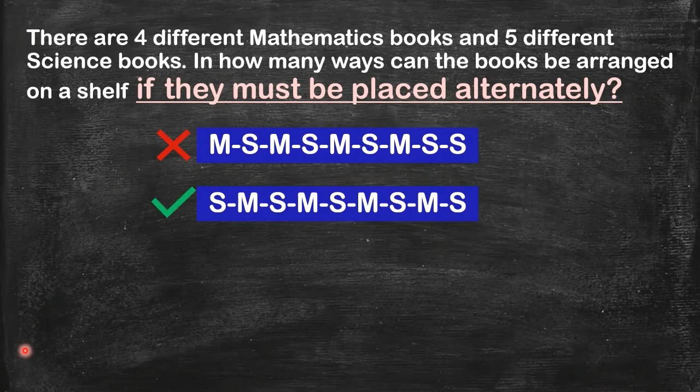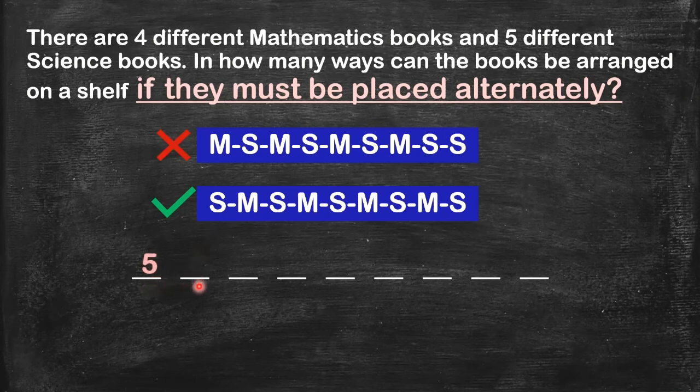So, let's use this technique again. We have 9 blanks here, right? So, for the first blank, ilan yung possible choices natin? We need a science book first. So, ilan ba ang science books? 5. So, that's why 5 dito.